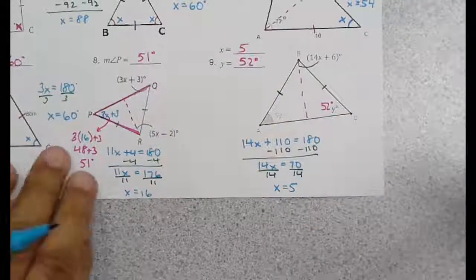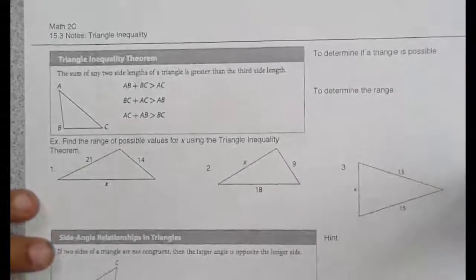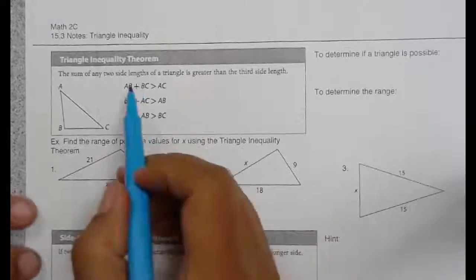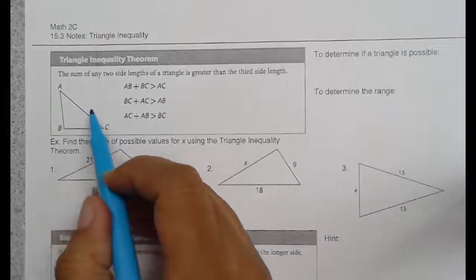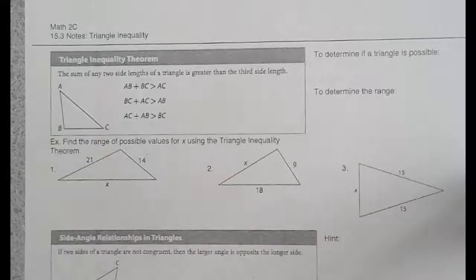All right, let's go ahead and turn the back side. This is now 15.3. So in 15.3, if you want to find out what a third side is, then you're going to have to make some sort of triangle.